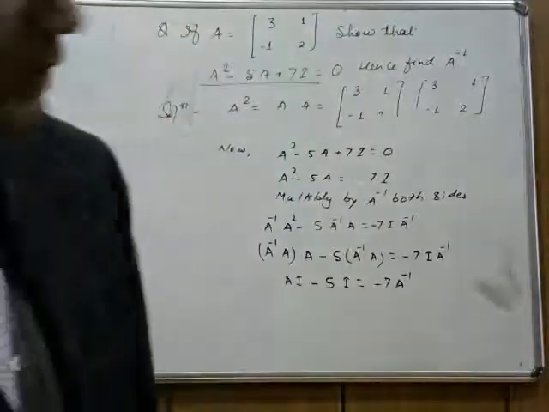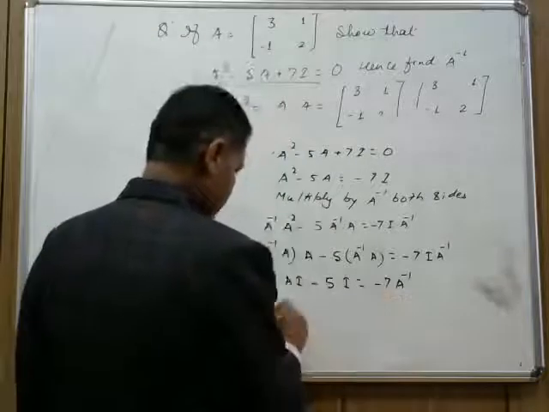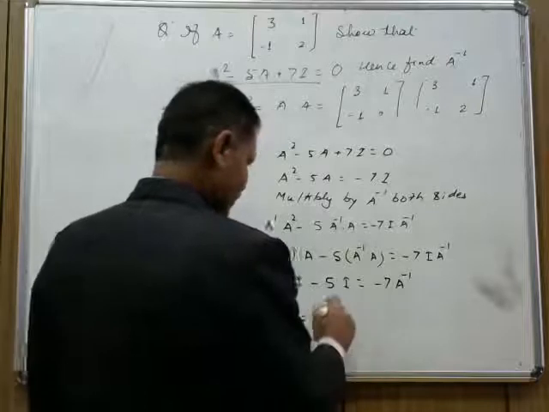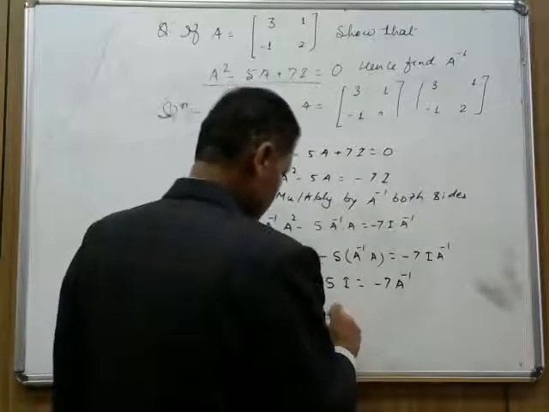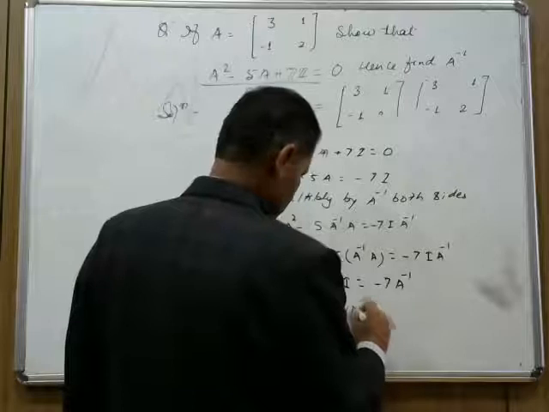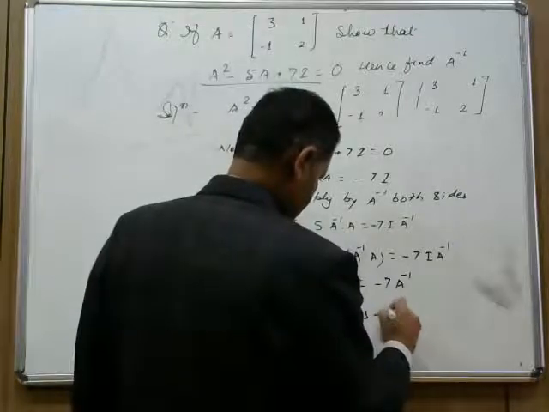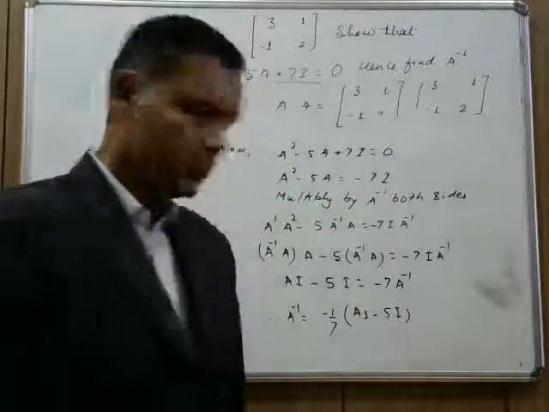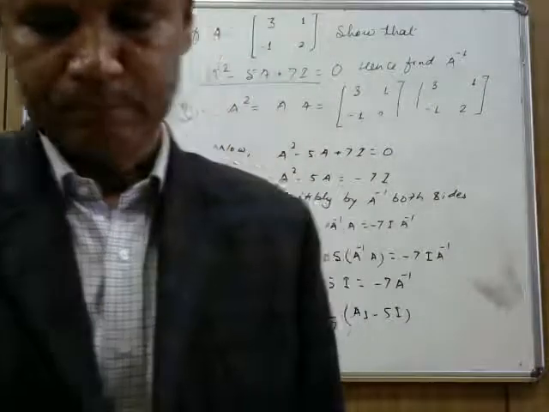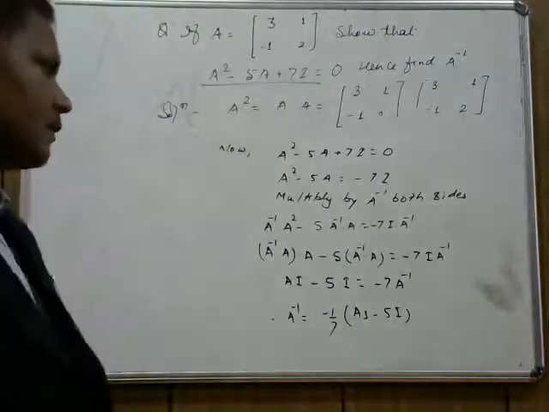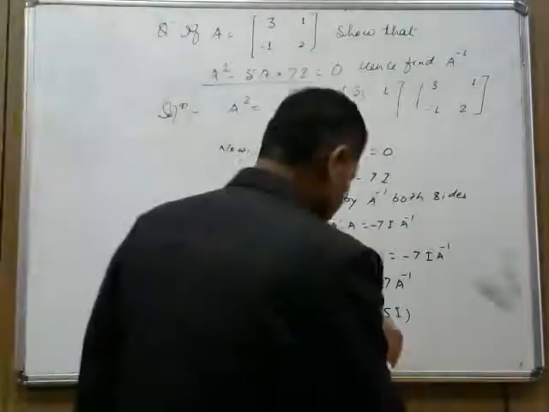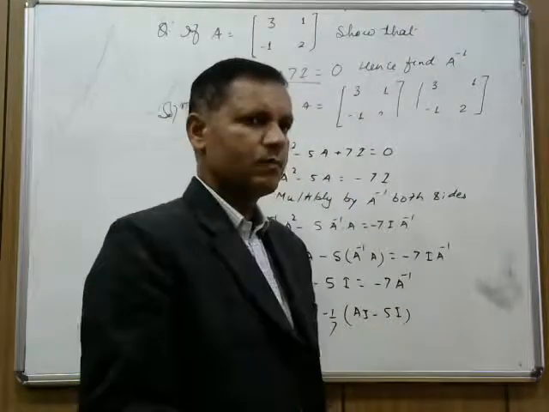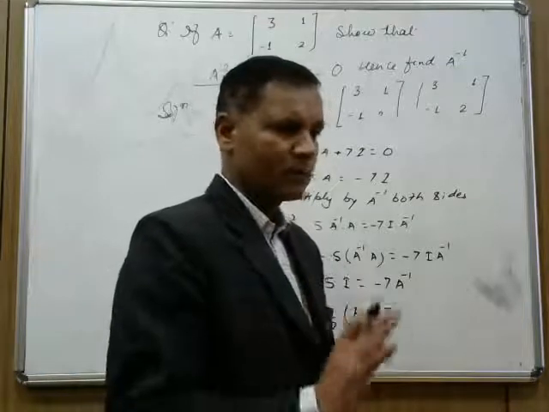Therefore, A inverse is equal to minus 1 by 7 into AI minus 5I. Can I write? A inverse is equal to minus 1 by 7 into A minus 5I. Now here, in AI minus 5I, I is the identity matrix, and if I multiply any matrix by its identity, it won't make any difference.